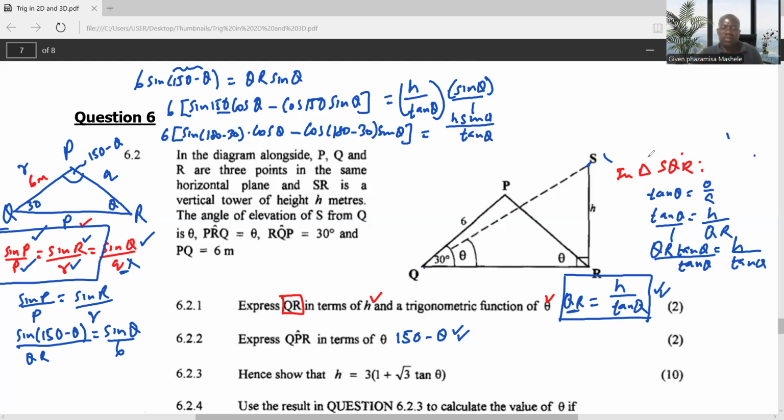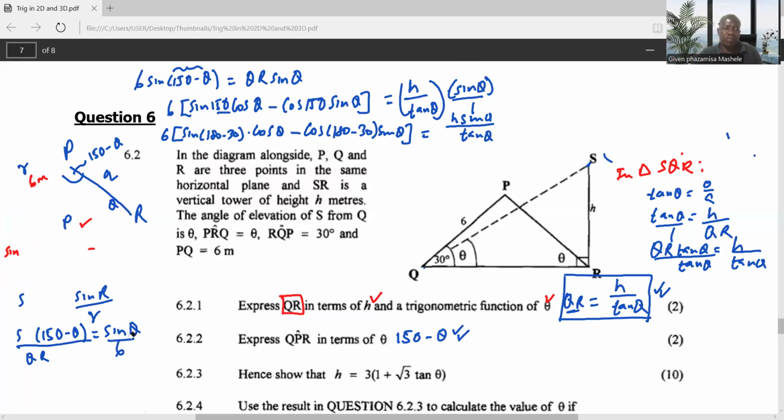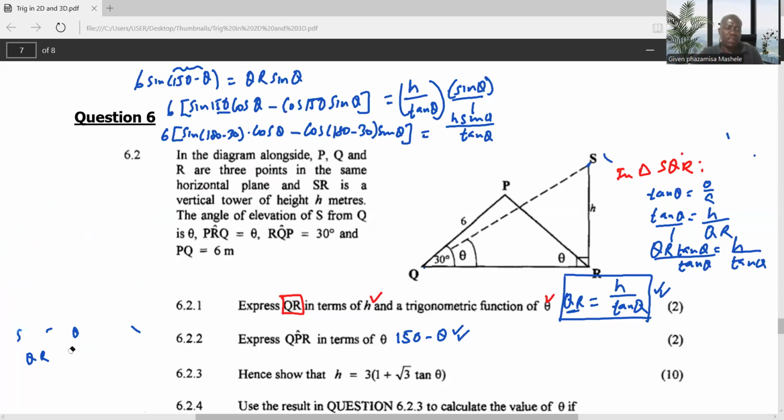I believe you guys are following. Okay, then now it's 10 marks, so we need to work. 180 minus an angle, which quadrant, guys? 180 minus an angle is in the second quadrant, where sine is positive. So this expression here needs to be reduced.